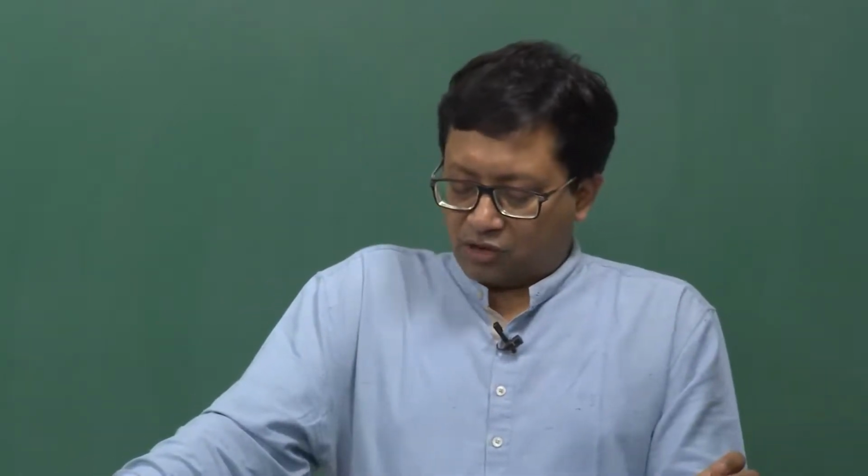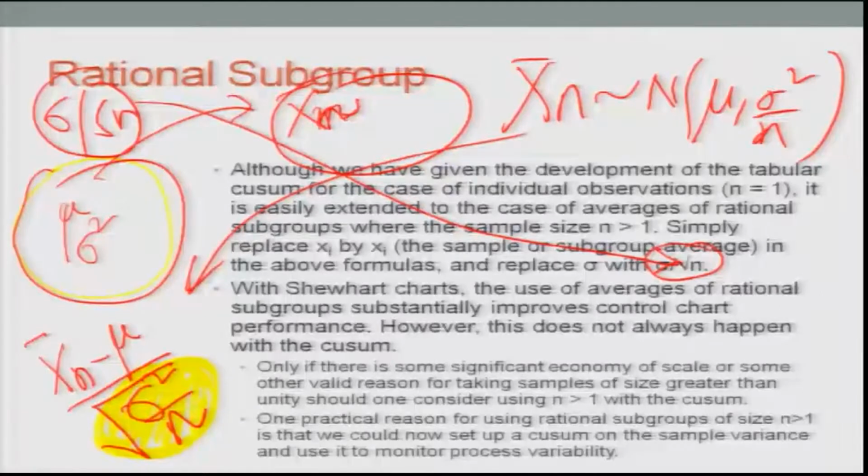With Shewhart's charts, the use of averages of rational subgroups substantially improves control chart performance. However, this does not always happen with the CUSUM charts. Only if there is some significant economy of scale or some other valid reason for taking samples of size greater than unity should one consider using n greater than 1 with CUSUM charts.